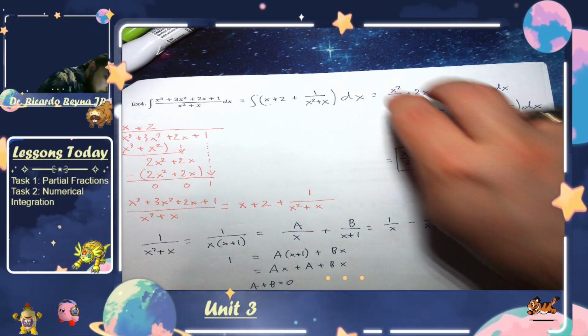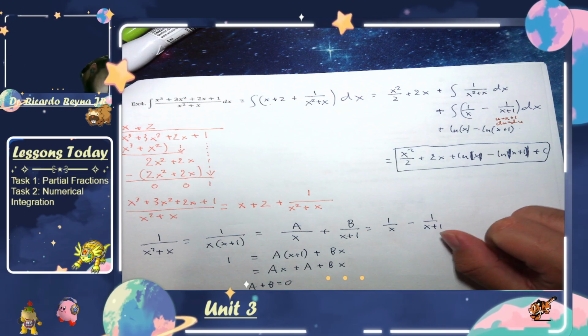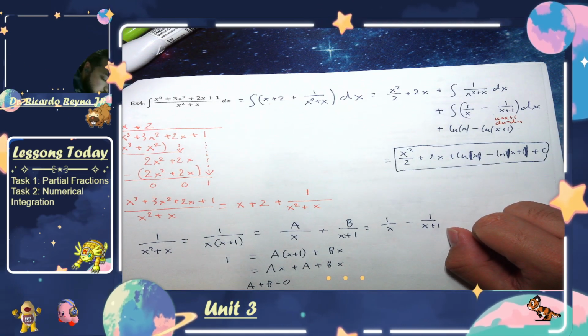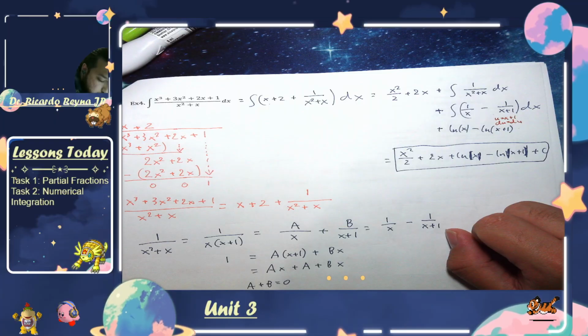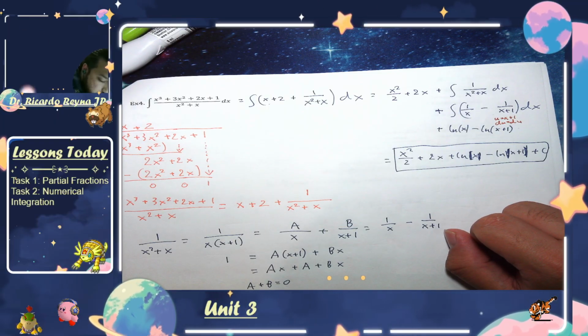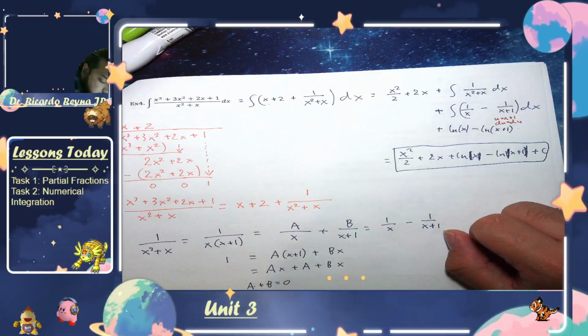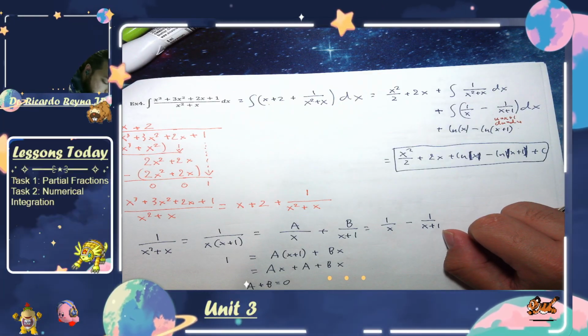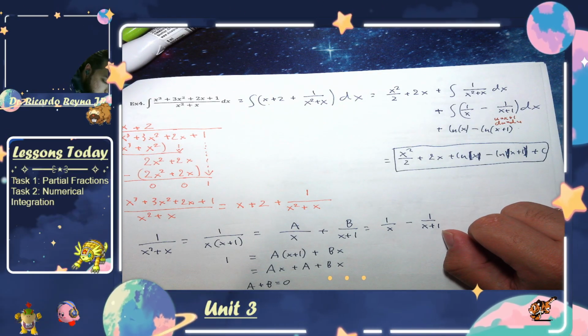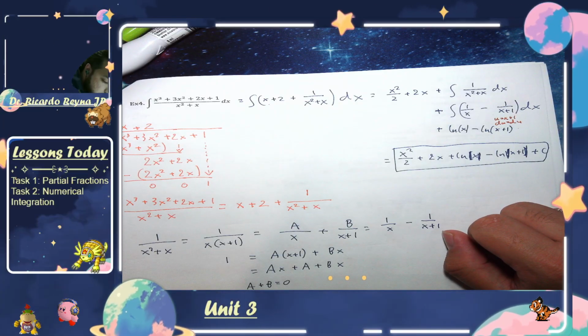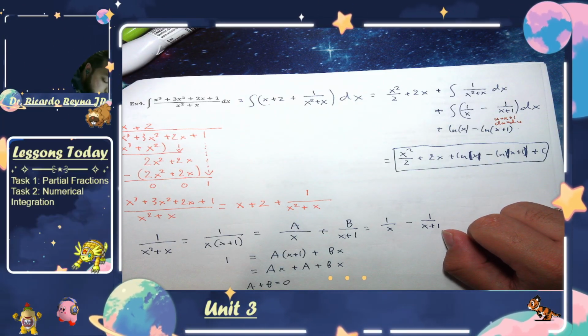And then our final answer will be x squared over 2 plus 2x plus ln of x minus ln of x plus 1 plus C. And that is our final answer.